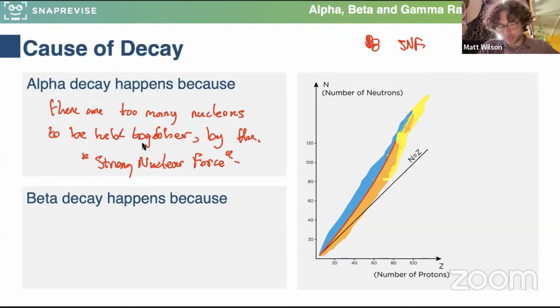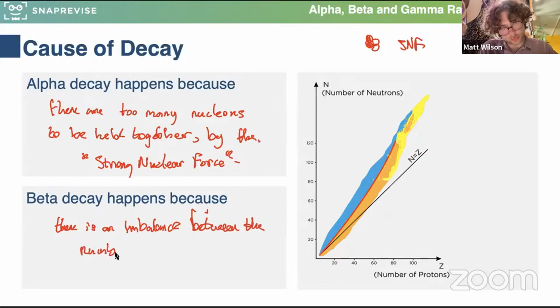So beta decay happens because there is an imbalance between the number of protons and neutrons.